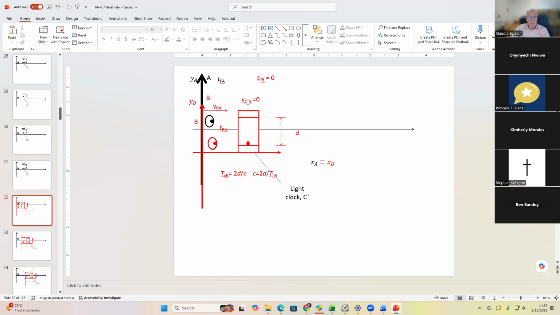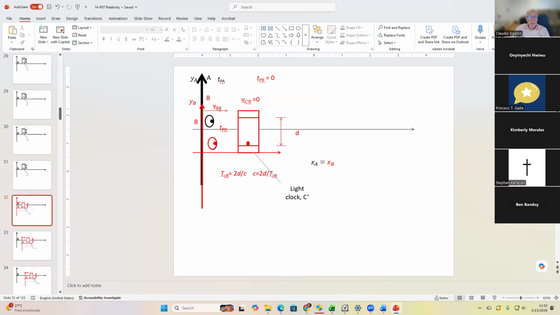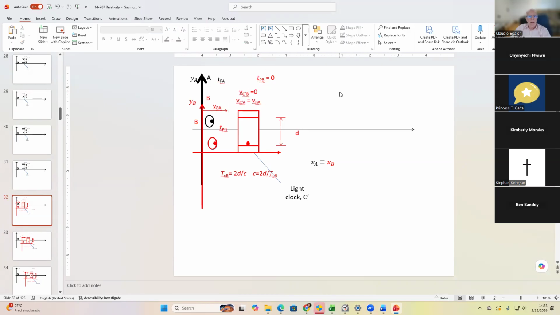However, the velocity of C prime with respect to A is going to be equal to the velocity of B with respect to A. This is a notation that we used in physics 6 when we were talking about relative motion, okay? Velocity of B with respect to A.